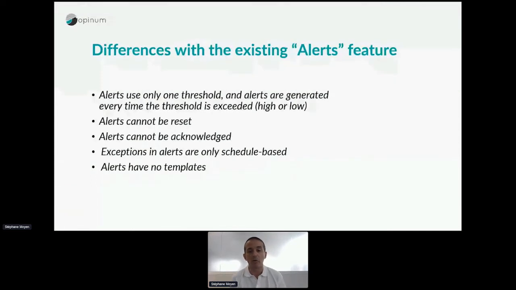So every time you go above or below your set value, an alert will be sent and notified. This is not the case with alarms. We will see that later. Alerts cannot be reset, whereas alarms can be reset. Alerts cannot be acknowledged. There are exceptions in alerts, but they are only schedule-based and not also variable-based, as the alarms can be. And you cannot make templates for alerts. So those are the main differences between the alerts features and the alarms features.